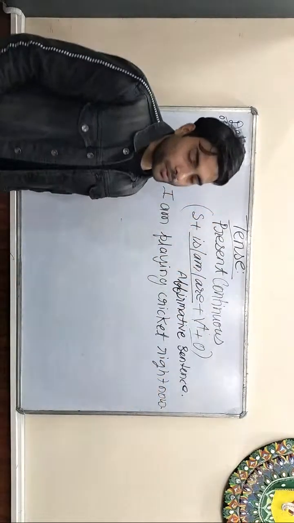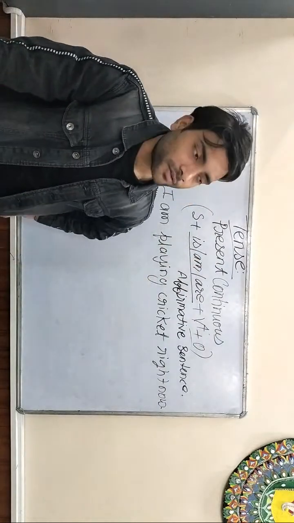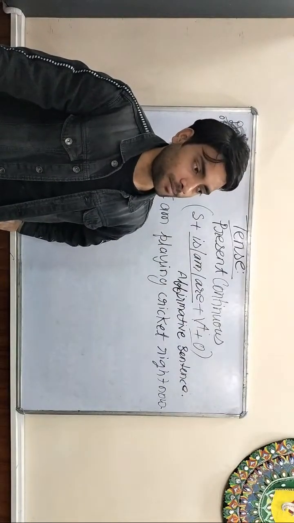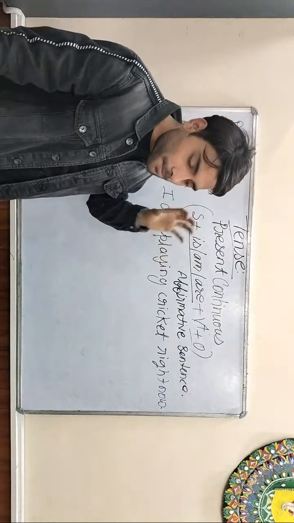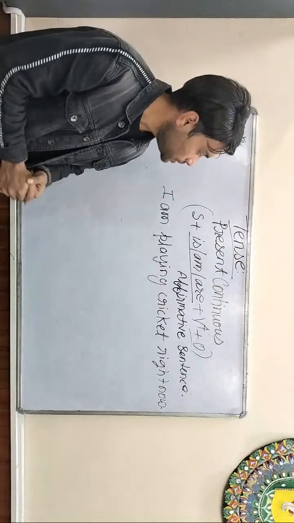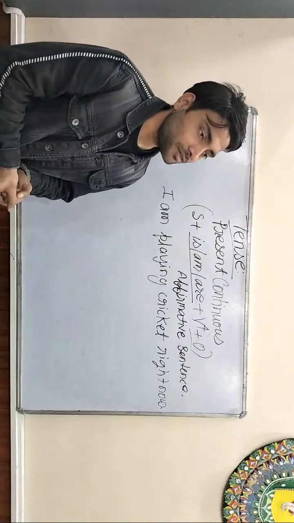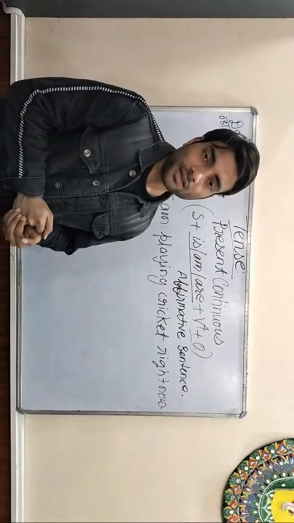We use present continuous tense to talk about what's happening in the present time, to express that something is going on in the present time. The first use of present continuous tense is pretty easy, right?